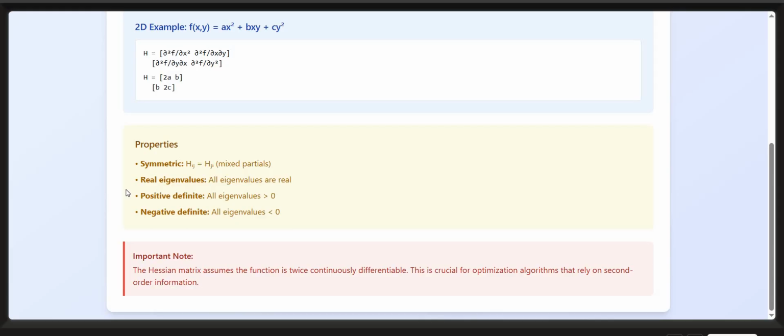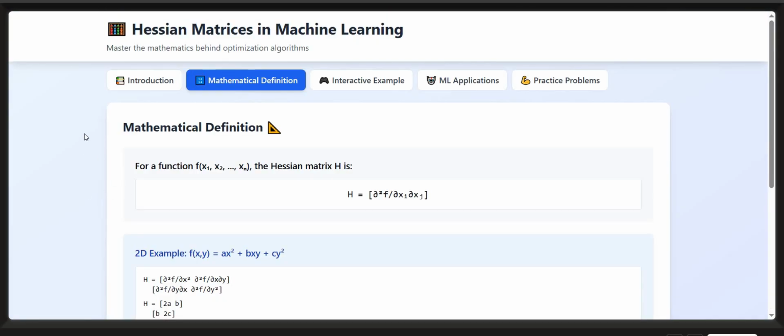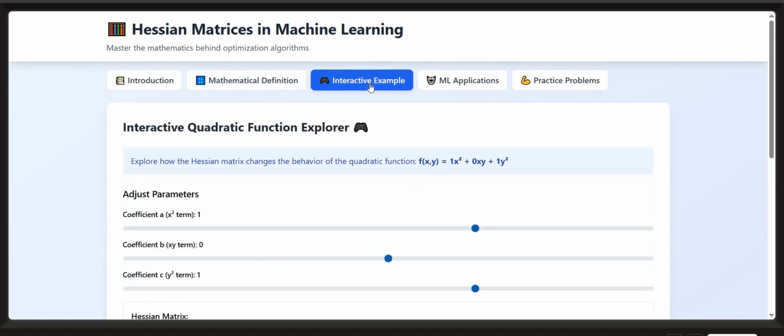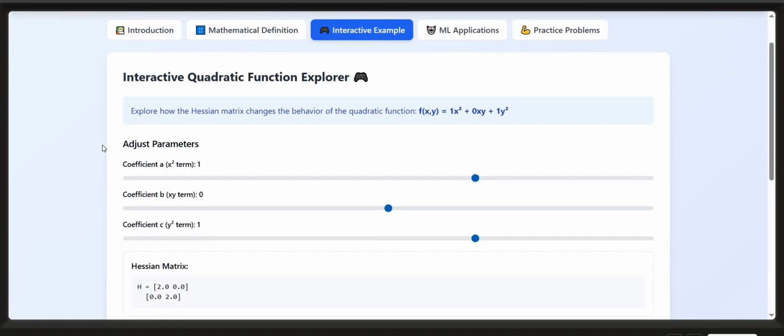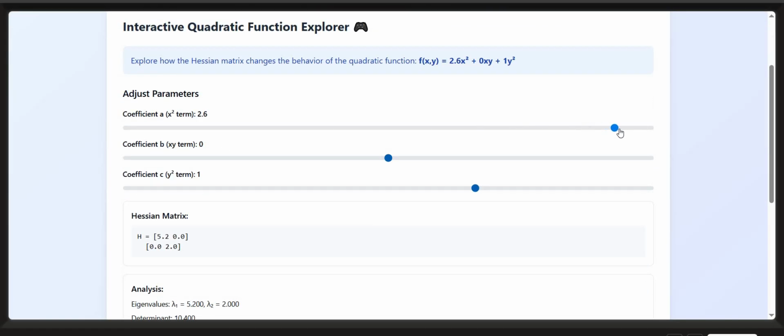Okay, let's jump over to this little interactive tool and play with a real example. We are looking at a quadratic function defined as f of x, y equals 1x squared plus 0xy plus 1y squared.